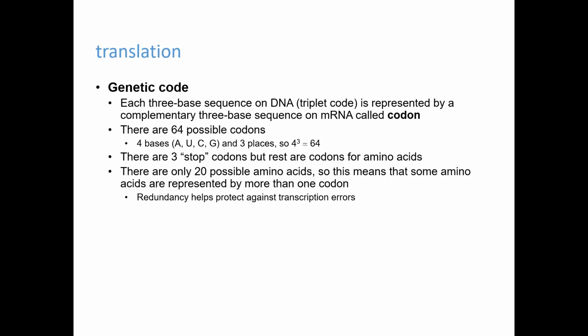The sequence is very important. So the DNA strand triplet is reproduced on the messenger RNA side as the DNA's complement. We call the complement on the messenger RNA a codon. Triplet on the DNA, codon on the RNA.